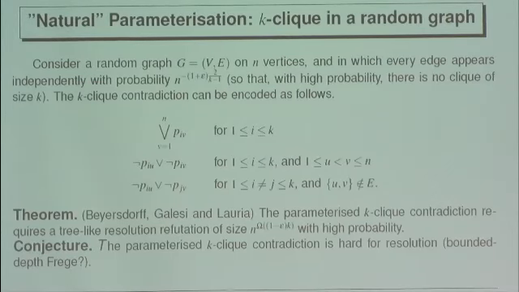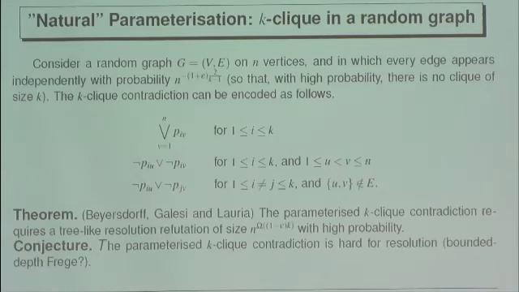If you pick the usual Erdős-Rényi model of a random graph, n vertices, every edge is chosen with certain probability independent from all the other edges. If you pick the probability right, you get a graph on n vertices that contains no clique of size k.